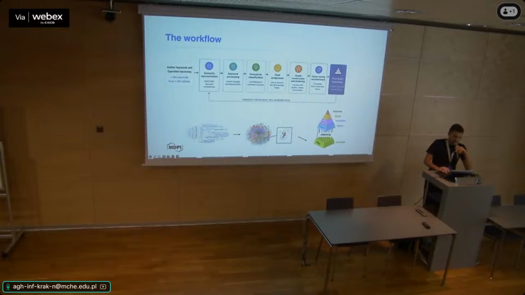Then we built a fifth level, a pool of standardized and structured concepts, and we wanted to attach it to the topic level, the fourth level from OpenAlex. So in the end, this is a way of going from raw author keywords to what we call concepts.